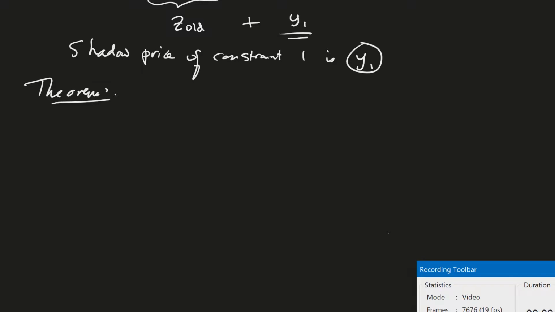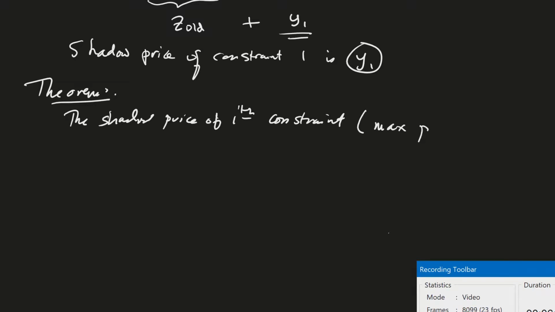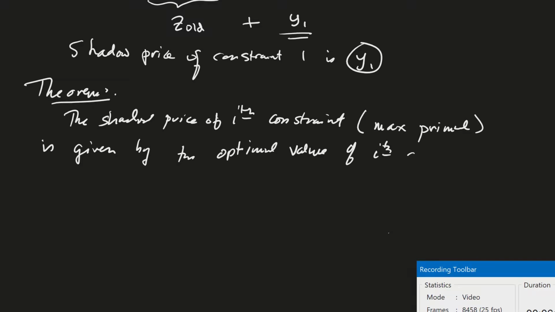The shadow price of the ith constraint, and that is in our max primal, is given by the optimal value of the ith dual, which is yi.